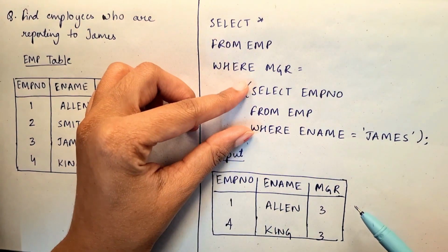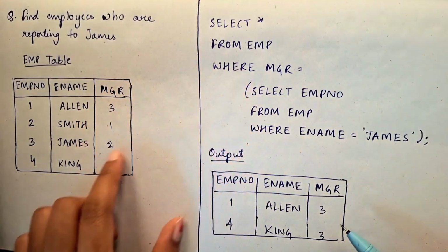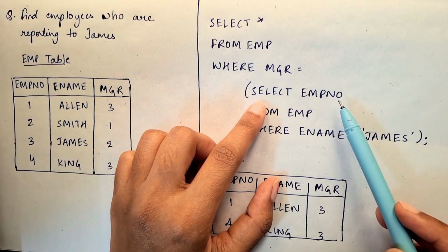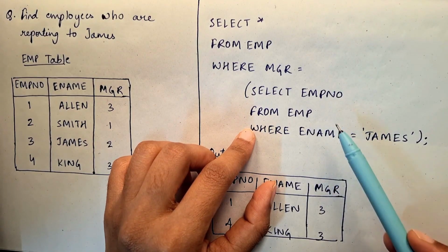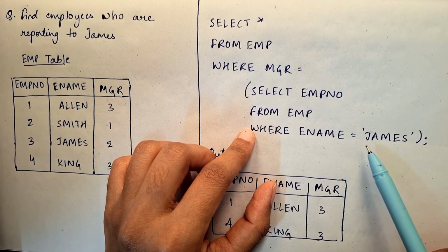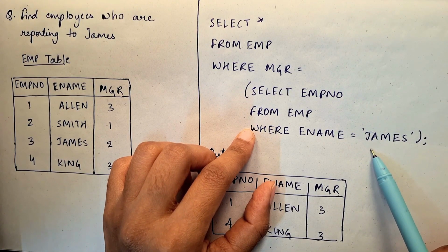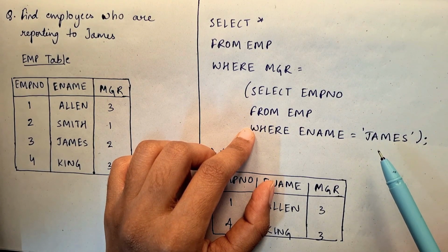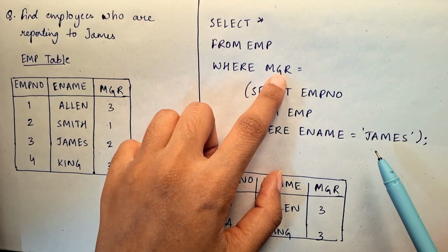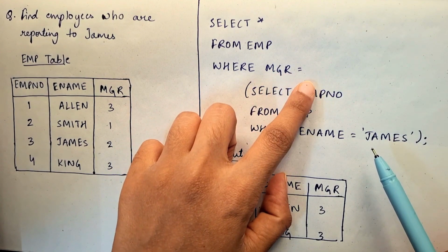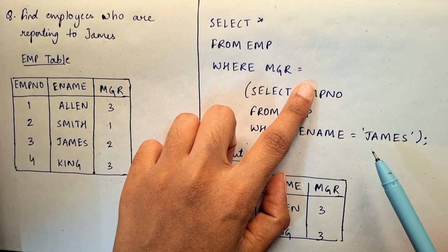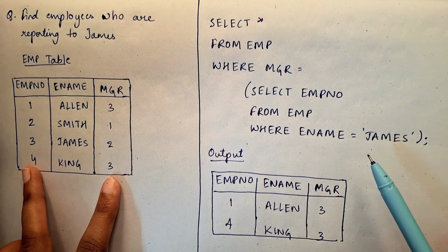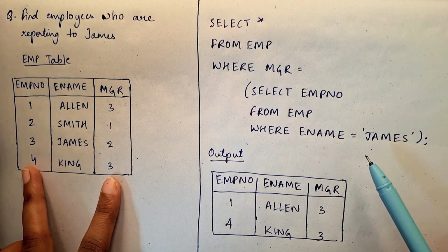First, we write the inner query to find the employee number of James. That is, select employee number from EMP where ename is equal to James. Next, once we get James's employee number, we give a condition where MGR is equal to 3, which is James's employee number, because we know that both MGR and employee number refer to the same data.